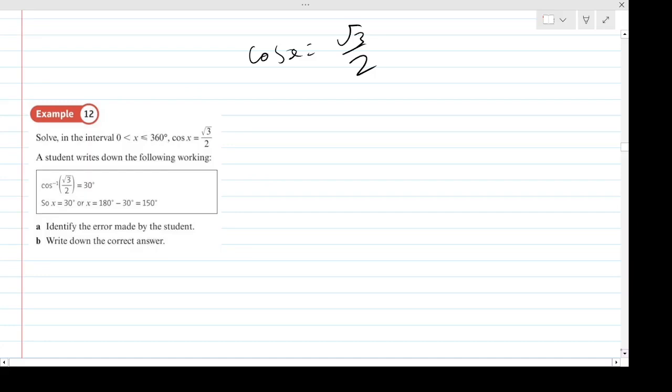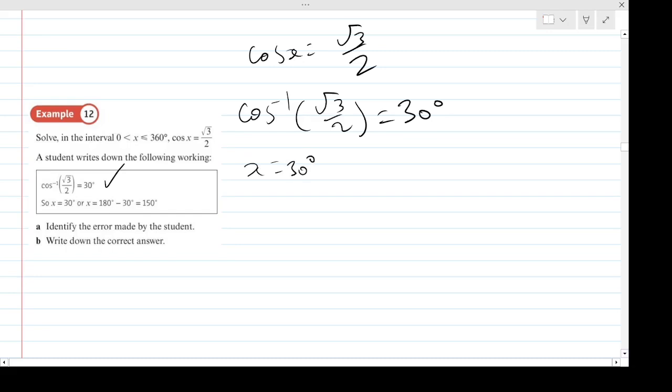So again, the first procedure will be to do the inverse cos of root 3 over 2. And if I do that, I get 30. Right, so that's right. Okay, that first step's right. But then to solve it, x is going to be 30.